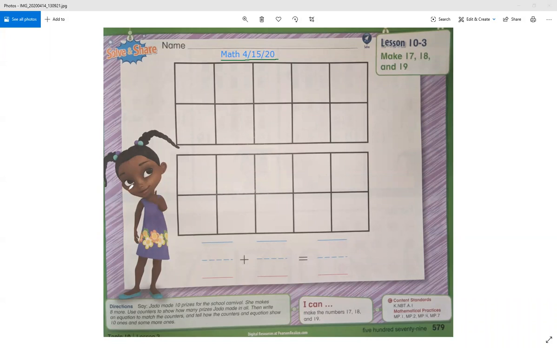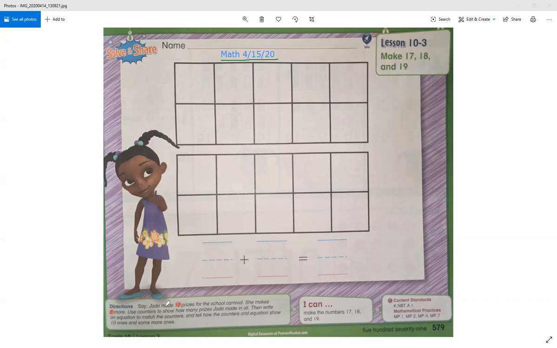Okay, so Jada made 10 prizes for the school carnival. She makes 8 more. Use counters to show how many prizes Jada made in all. So we're trying to figure out how many prizes that this girl, Jada, made altogether.